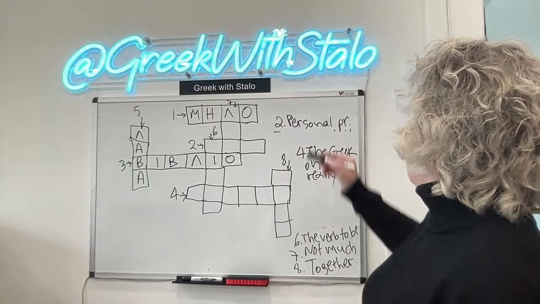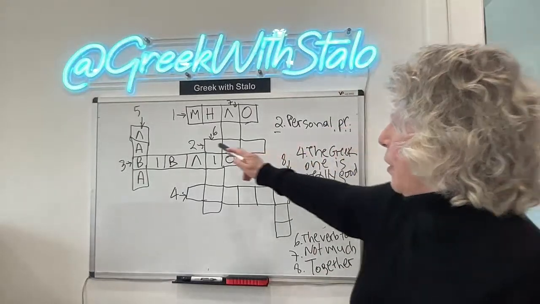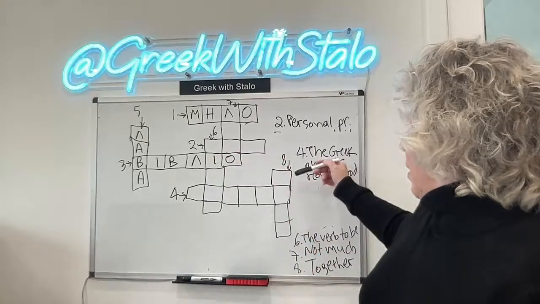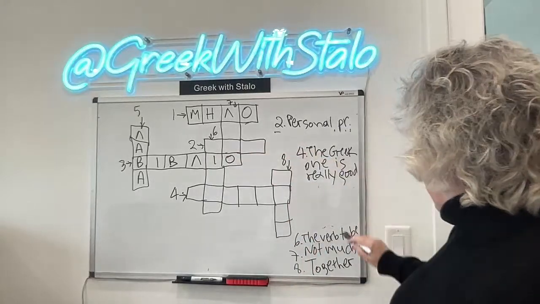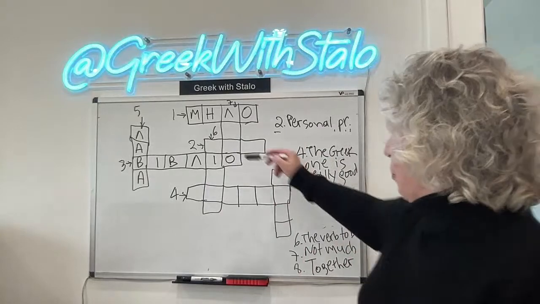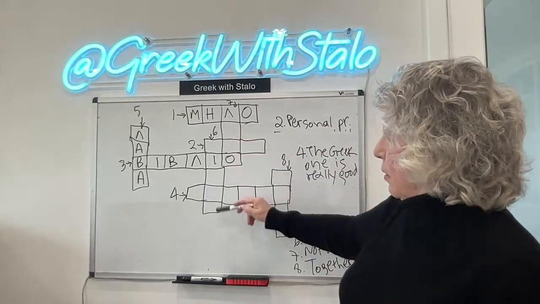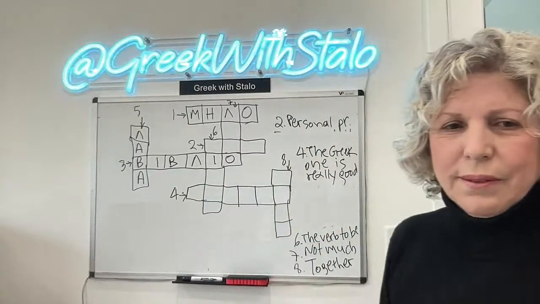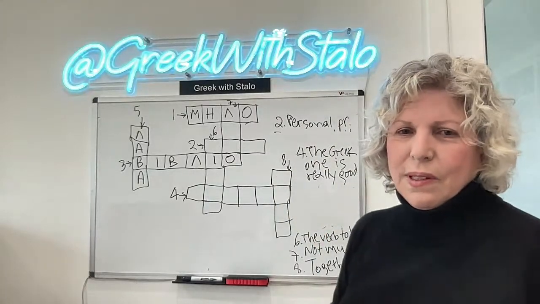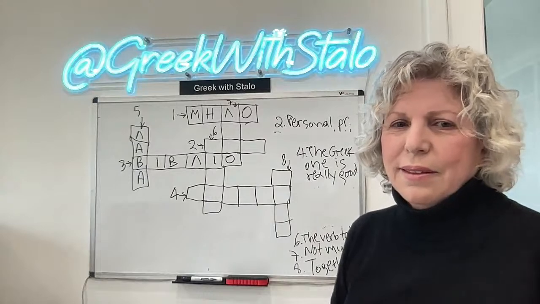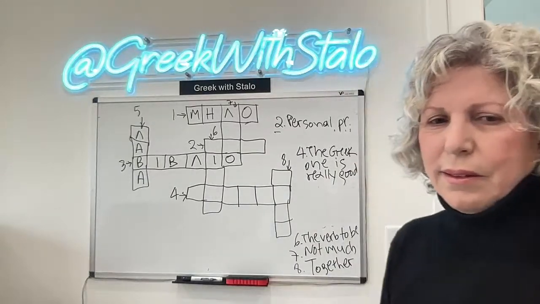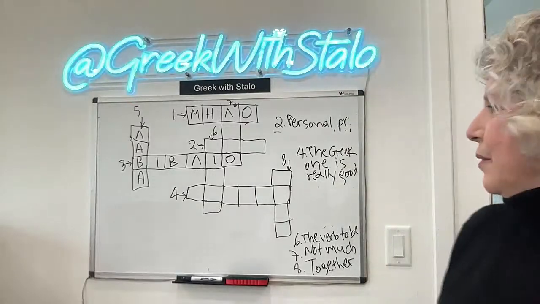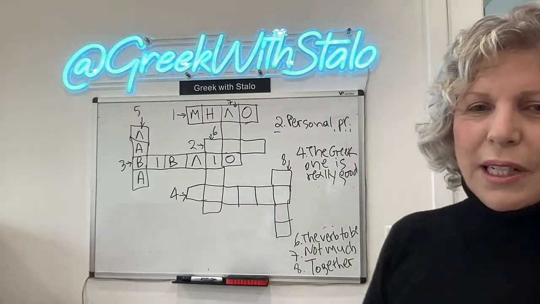What else? We have personal pronoun. This one is a personal pronoun. The verb to be, number 6. Anybody else? Doesn't matter if it's wrong.